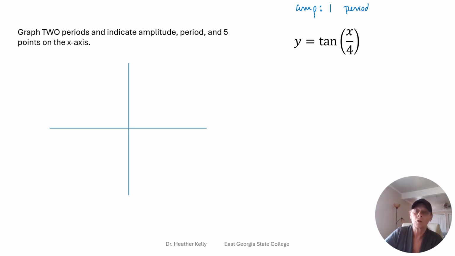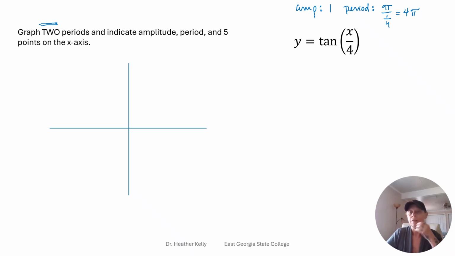And then we need to know our period, and our period is pi over 1/4, which is equal to 4 pi. All right, now we need 2 periods to graph because that's what I asked for, 2 periods. So we need to do a little bit of work on getting 2 periods. So 2 periods means that we're going to have to go out, be a total of 8 pi.